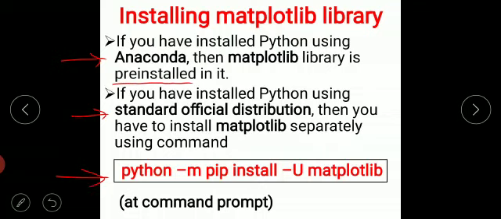This is the command, children. python -m pip install -U matplotlib. This command you have to pass at command prompt. Right, children? When you run this command, matplotlib library will be installed into your Python software.